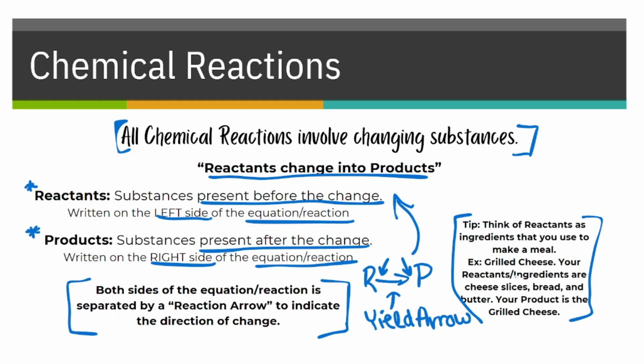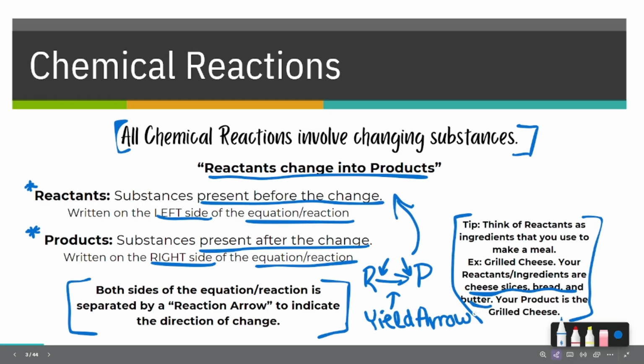So if I'm looking at an example of a grilled cheese, the reactants or ingredients include cheese, bread, and butter, if you want to keep it plain and simple. Your final product, whatever you make through the process of cooking, is going to be that grilled cheese. So, something to think of whenever you're looking at chemical reactions as a whole.